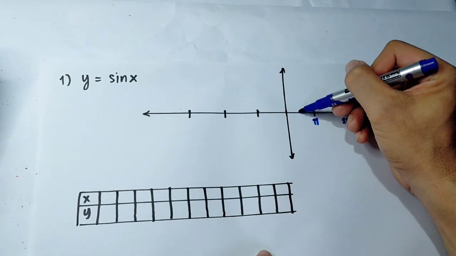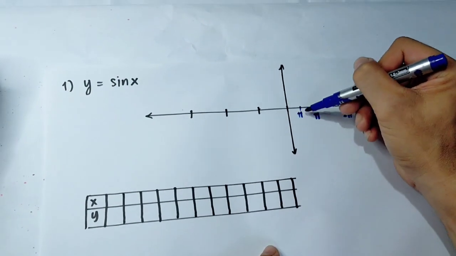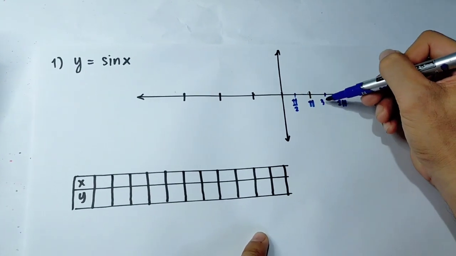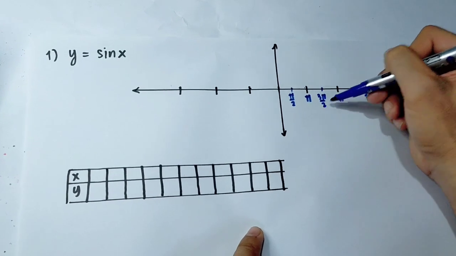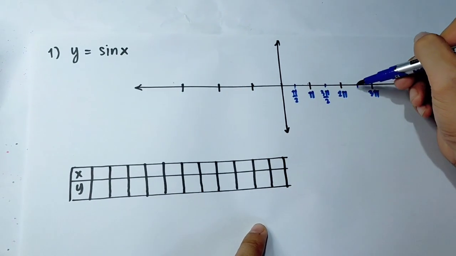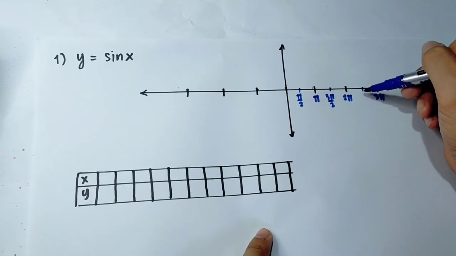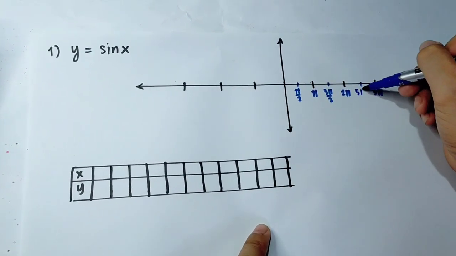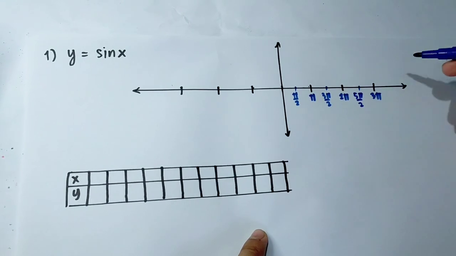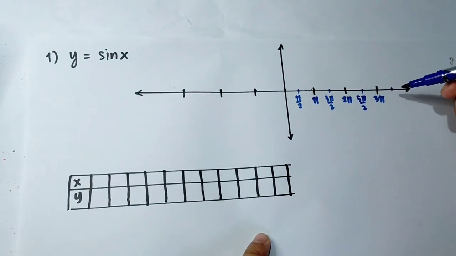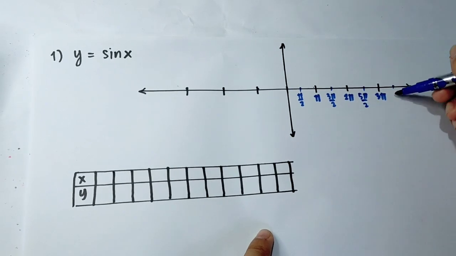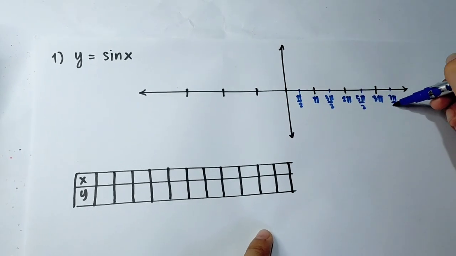We can divide this more into pi over 2, half of it, and next is 3 pi over 2, and then 2 pi and 1/2, that is 5 pi over 2, and then this one 3 and 1/2 pi, that is 7 pi over 2.